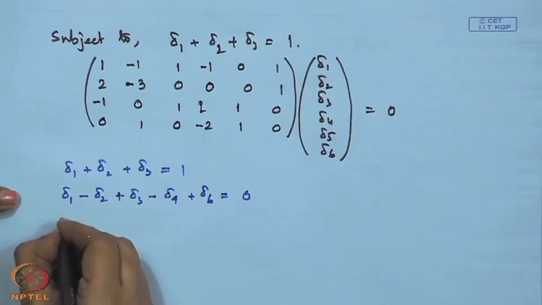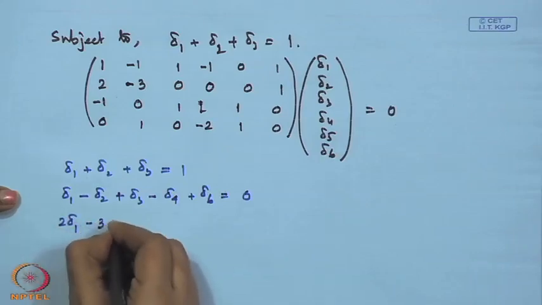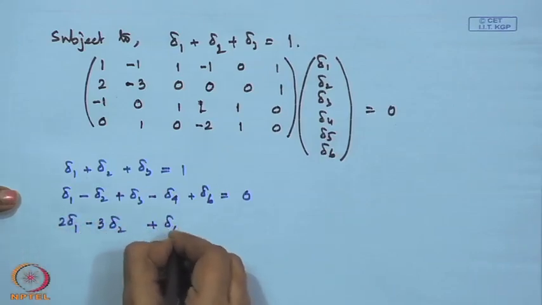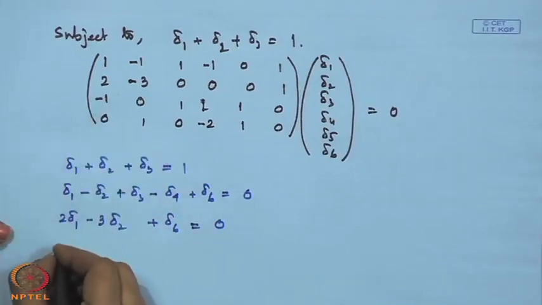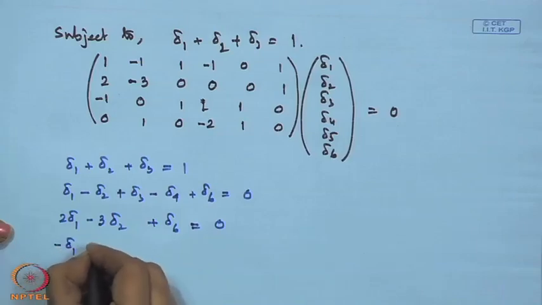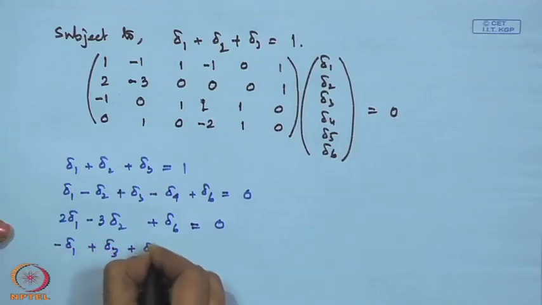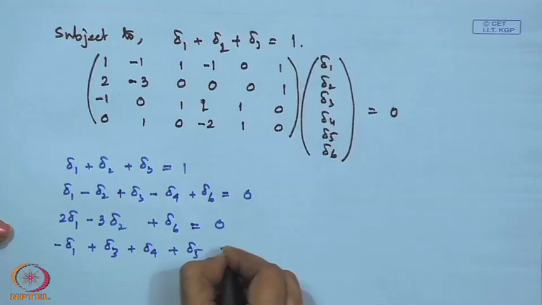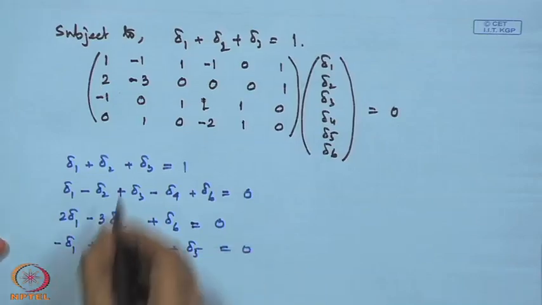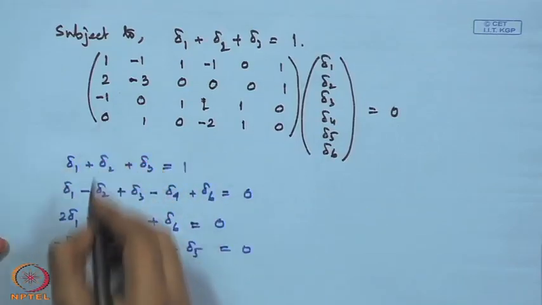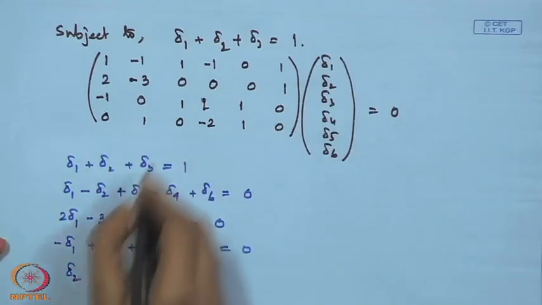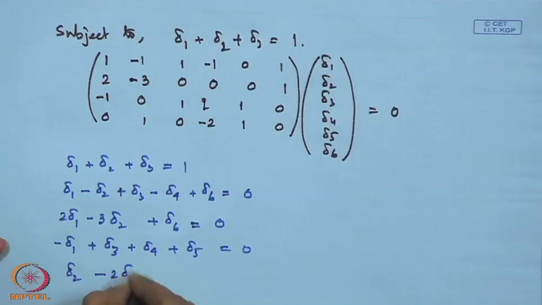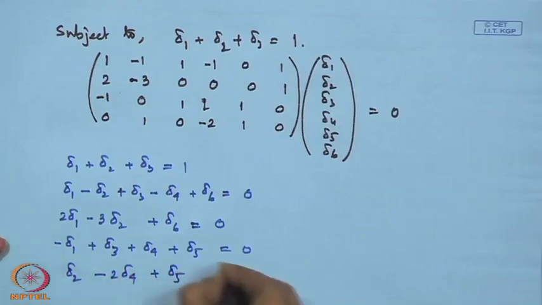From the second, 2 delta 1 minus 3 delta 2 plus delta 6 equal to 0. From the third, minus delta 1 plus delta 3 plus delta 4 plus delta 5 equal to 0. From the next, delta 4 plus delta 5 equal to 0.